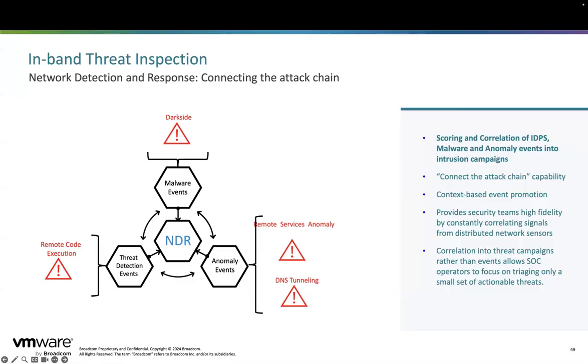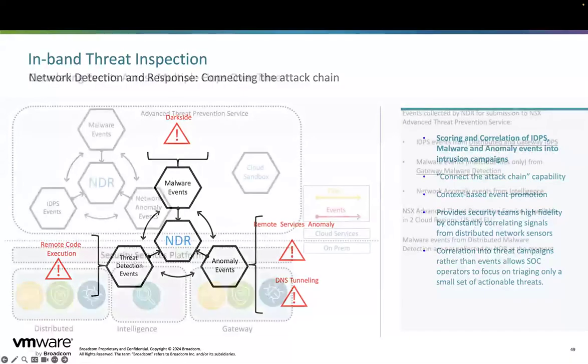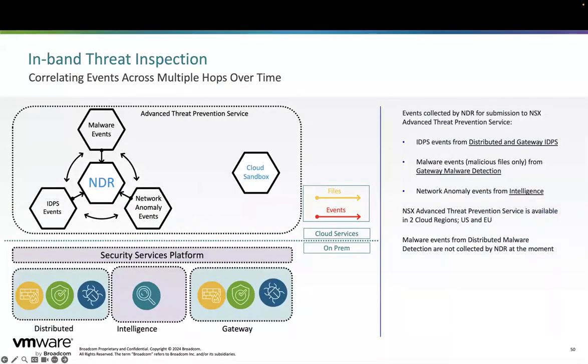So the SOC is not seeing just a disassociated set of events, but threat campaigns, and this allows them to focus on triaging against a small set of actionable threats rather than what might seem like a random set of just data points. So events collected by the NDR for submission go to the Advanced Threat Prevention Service.